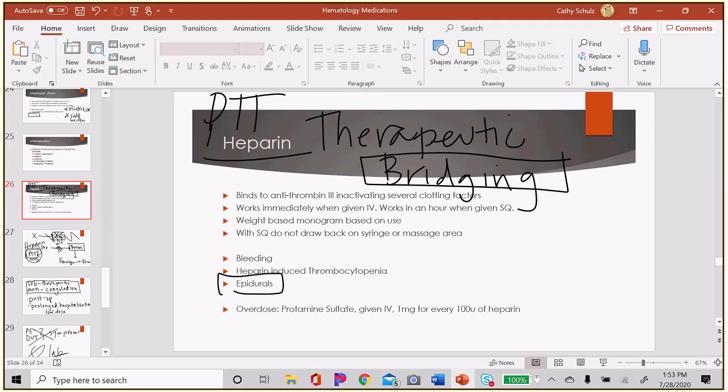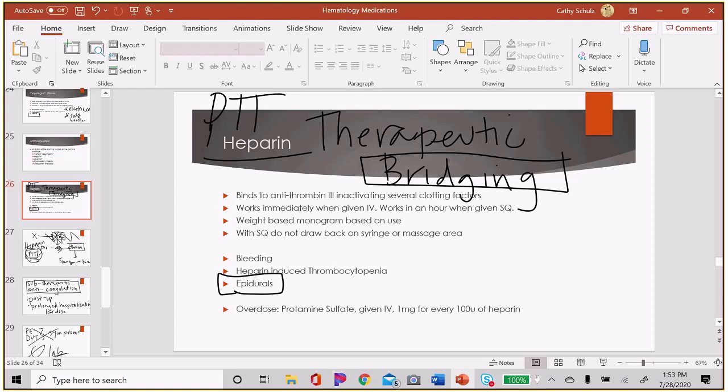ATI goes into a whole section about the risk to a patient who has an epidural when they're on heparin or Lovenox at any dose, because where that epidural was placed, when you pull the epidural out, that's causing trauma that could eventually cause bleeding.